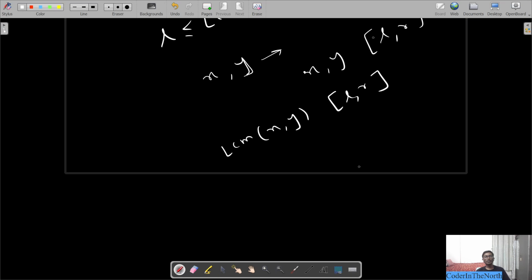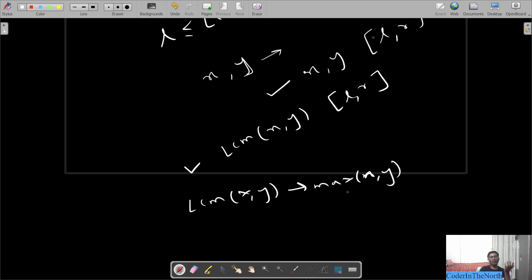If I want both these cases, and I think greedily, what I really want is that somehow the LCM of x comma y will be the maximum of x comma y.